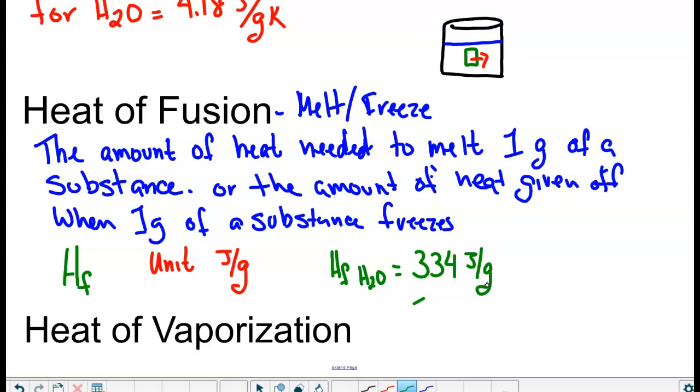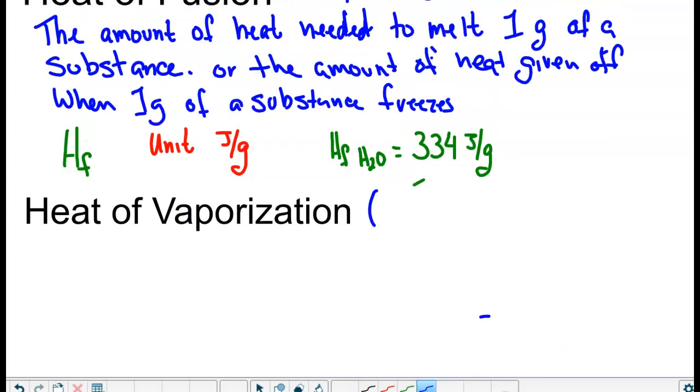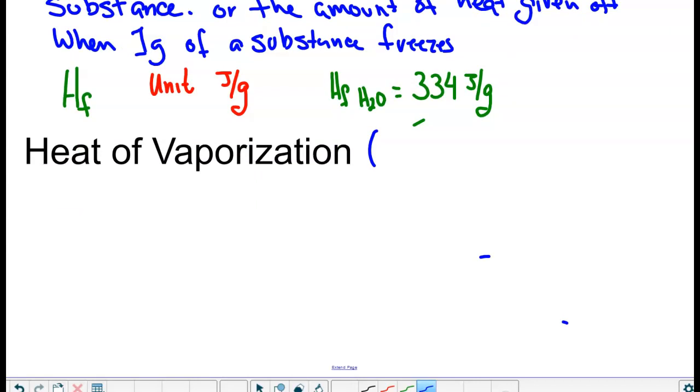All right, next, heat of vaporization. I think you got what this is. So heat of vaporization is used for, did I put freeze melt? Yeah. So this would be boil or condense.